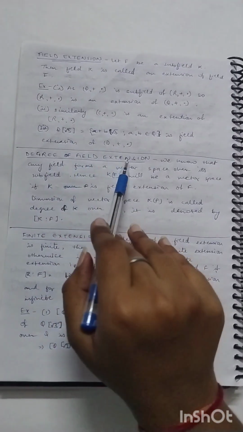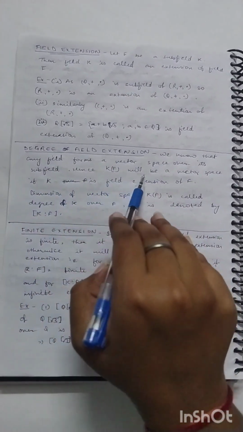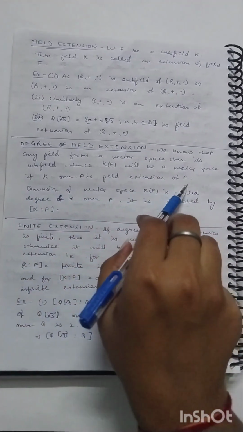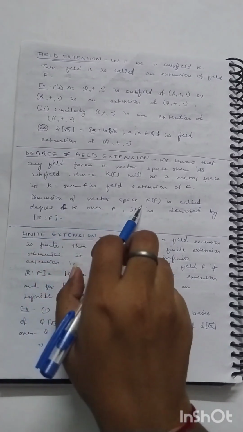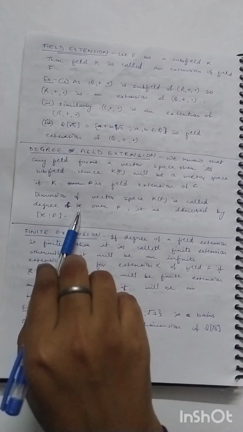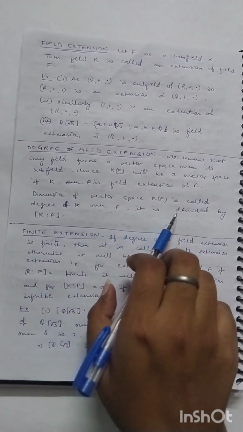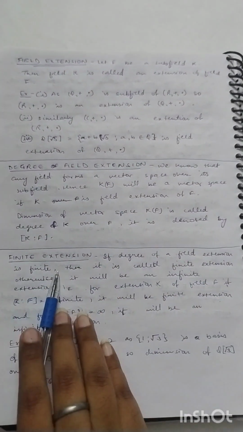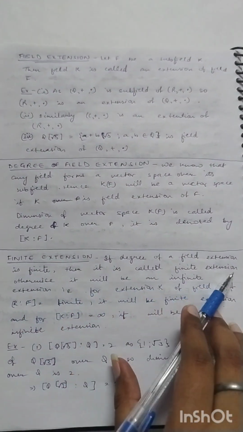Now the degree of a field extension. We know that any field forms a vector space over its subfield. Hence, K over F will be a vector space if K is a field extension of F. The dimension of the vector space K over F is called the degree of K over F. It is denoted by [K:F]. If the degree of a field extension is finite, then it is called a finite extension.